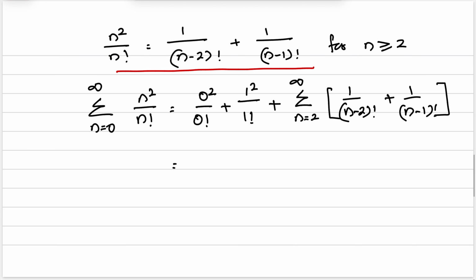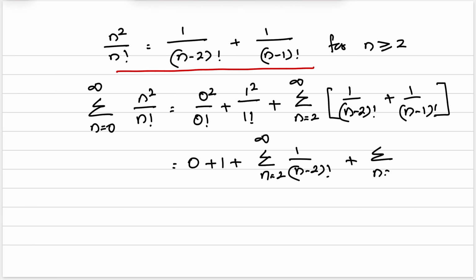This will be equal to 0 plus 1 by factorial 1, which is 1, plus sigma n is equal to 2 to infinity 1 by factorial n minus 2, plus sigma n is equal to 2 to infinity 1 by factorial n minus 1. Let n minus 2 is equal to k.